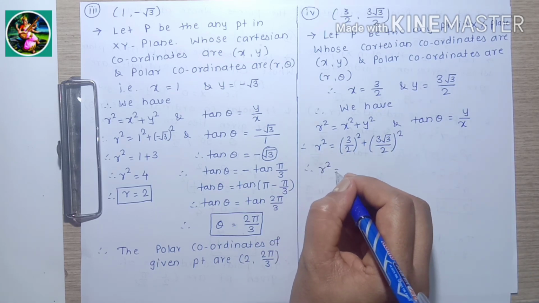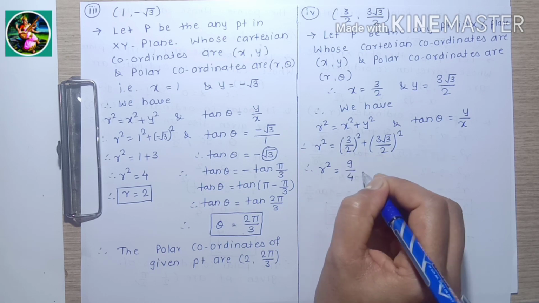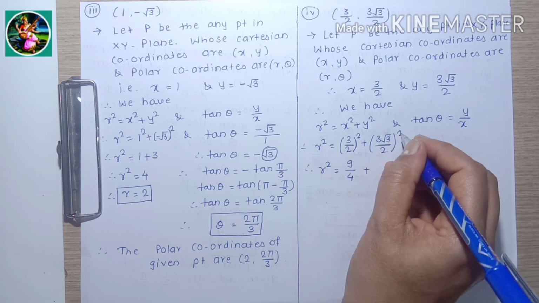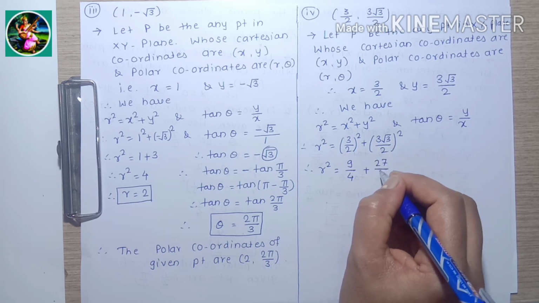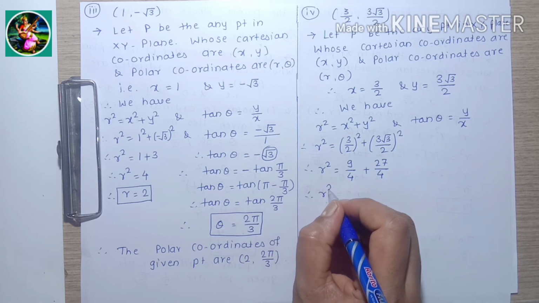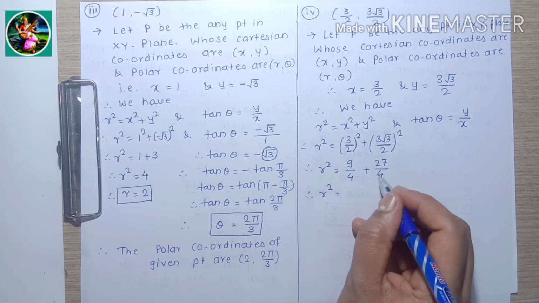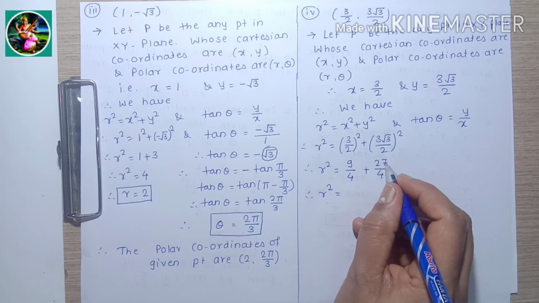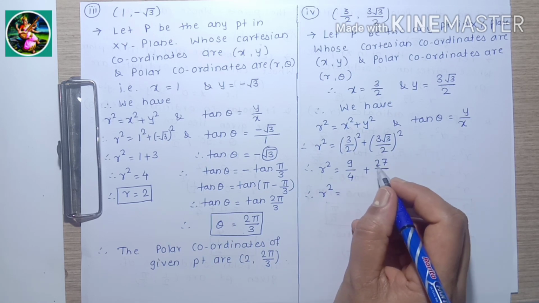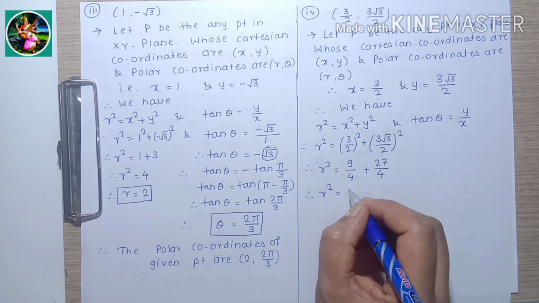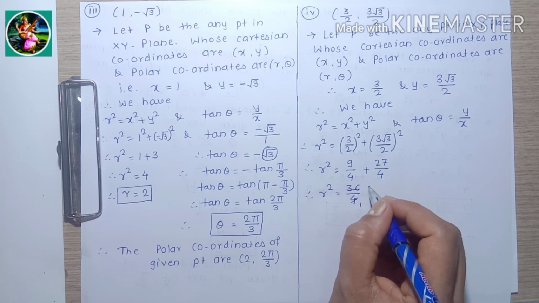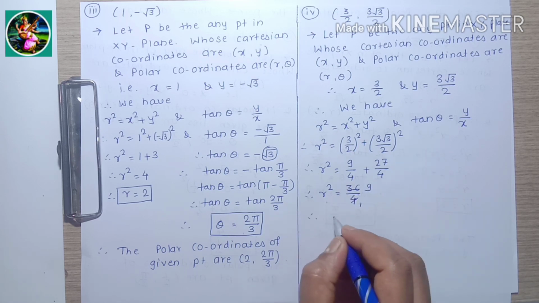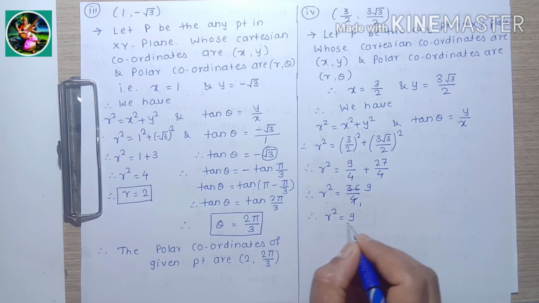Therefore, r square is equal to 9 upon 4 plus, 3 square is 9, 9 into 3 is 27, divided by 4. Since both denominators are the same, we can add the numerators directly, that is 9 plus 27, that is 36 divided by 4. 4 ones are 4, 4 nines are 36. Therefore, r square is equal to 9. Therefore, r is equal to 3.